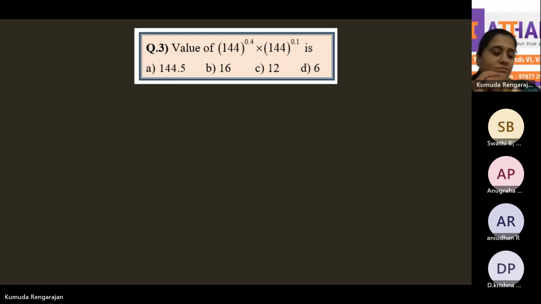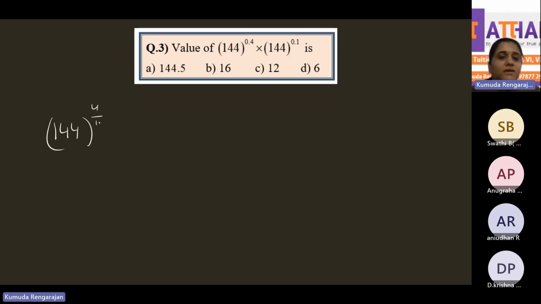C, 12. Read out your steps. Very good. 144 to the power 4 by 10 into 144 to the power 1 by 10.